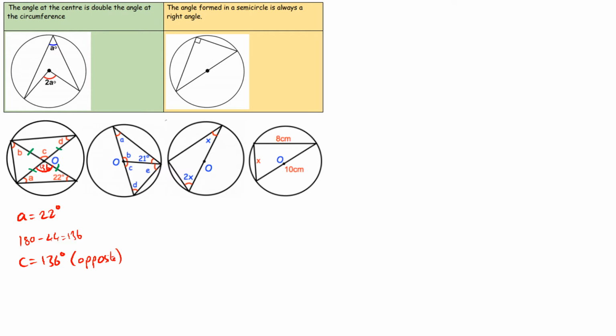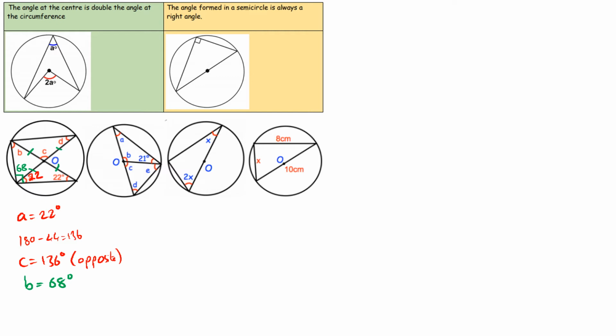Okay, so what about B and D? So let's just rub off that 136 for a second. So we know that A is 22. We also know that because this is a semicircle situation, that is a right angle. And so this is 68 on the other side, because they've got to add up, obviously, to 90. And that will tell us that B is 68 degrees as well, because it's, again, an isosceles triangle.